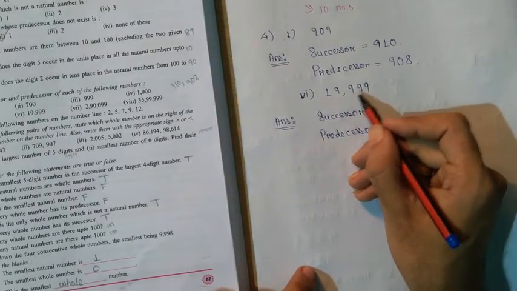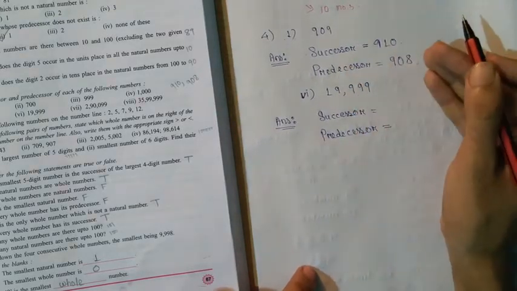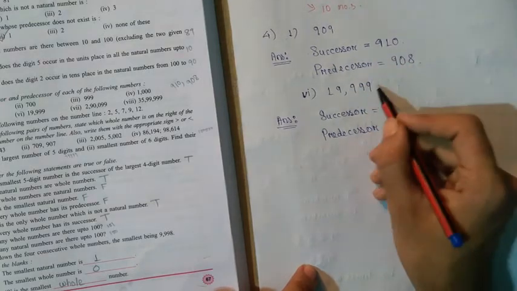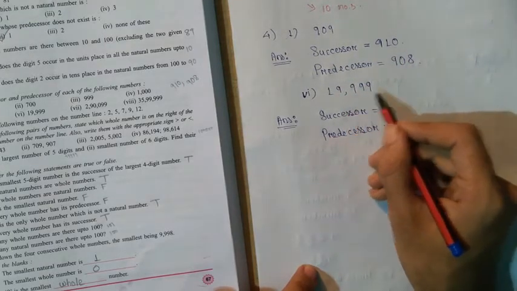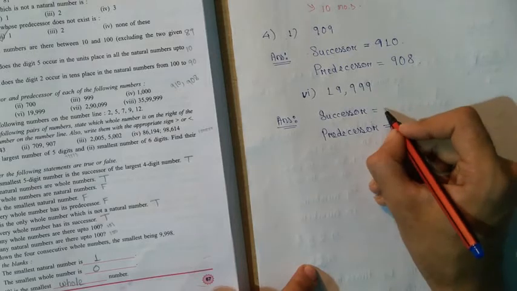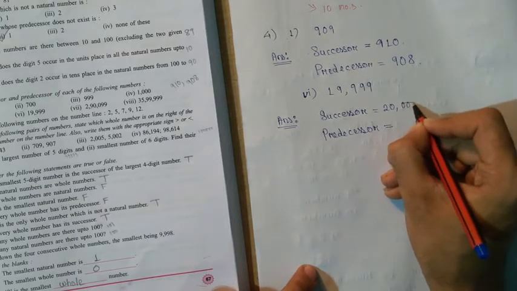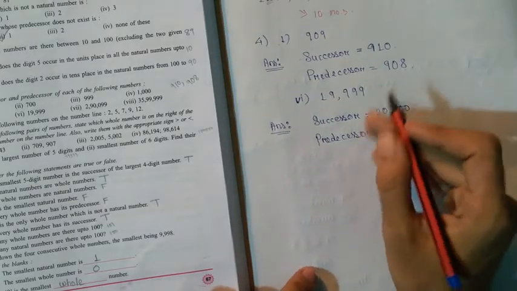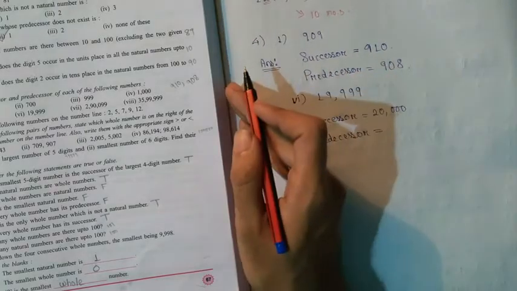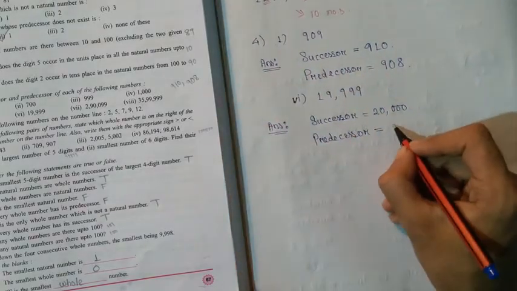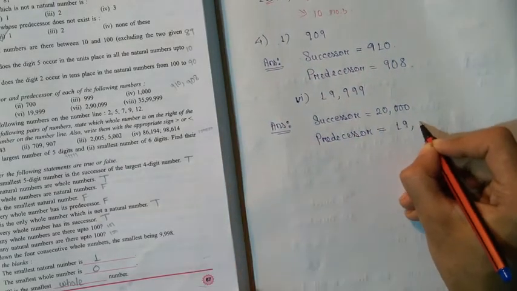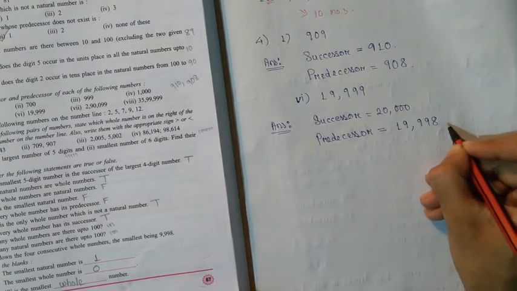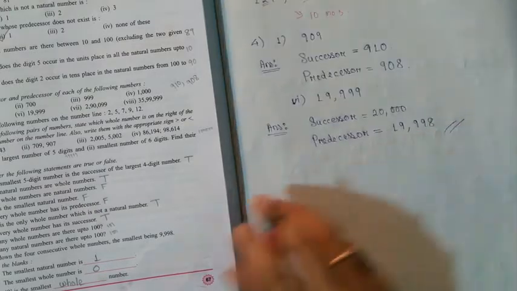What is the successor of this number? The number present on the right side of this number. And what is present on the right side of this number? It will be 20,000. Okay. And the predecessor, what is the number present on the left side of this number? It will be 19,998. So these two are the answers.